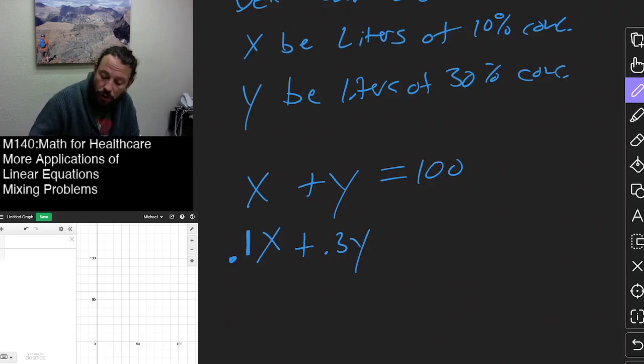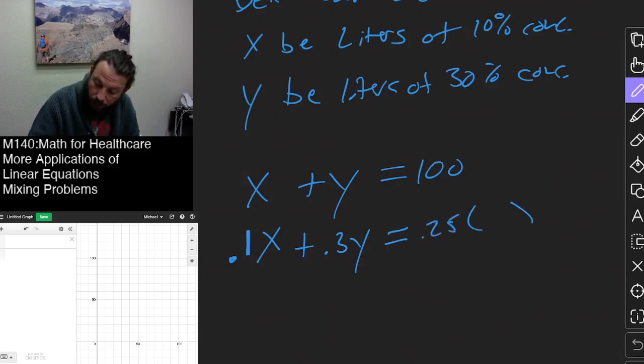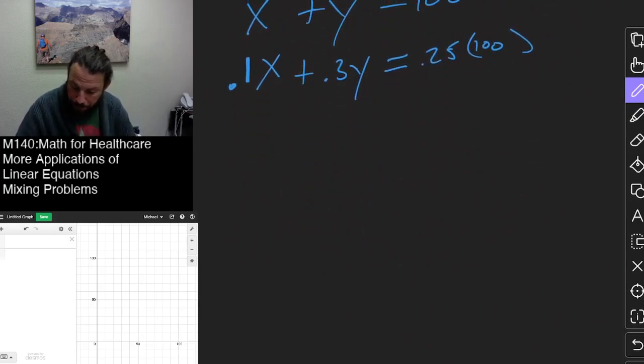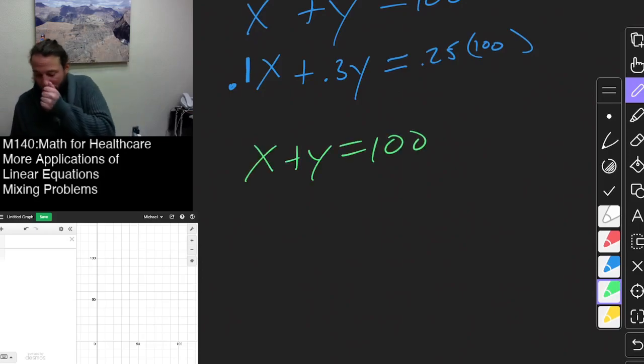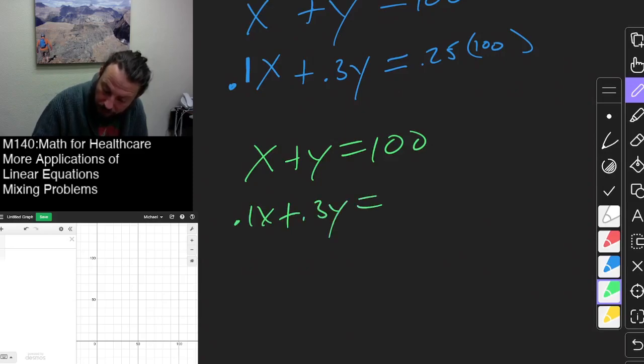That has to equal what we have on the other side, which is 25% of 100 liters. That's what we're looking for, right? So maybe we want to rewrite these a little simpler. We have X plus Y equals 100, and 0.1 X plus 0.3 Y equals 0.25 times 100, which is 25.